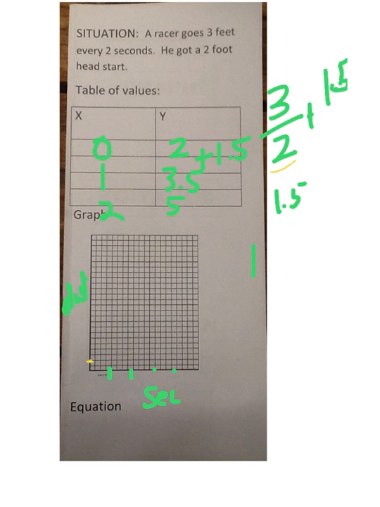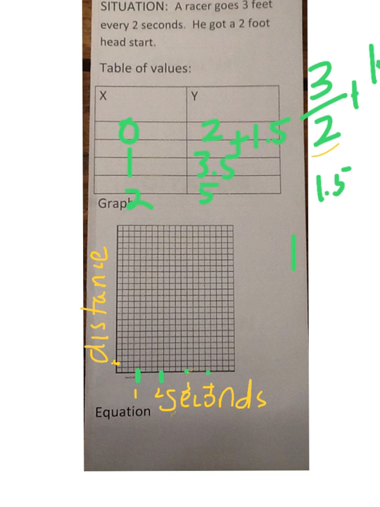Here's my slope. So we're going to go up 3 for every 2, and then up 3, 1, 2, 3 for every 2.